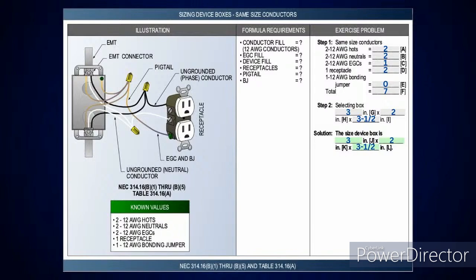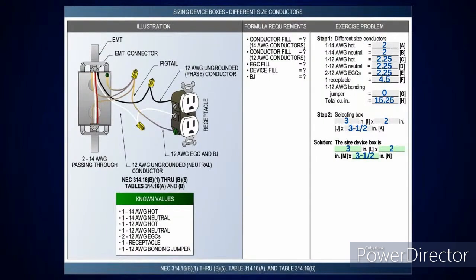Now, the next one is different size conductors, the same calculation. You'll see we have one number 14 ungrounded phase conductor and one number 14 grounded neutral conductor. This is the one you need to look at, because if you look at the illustration, the number 14s are passing through and the number 12s are connecting to the device.